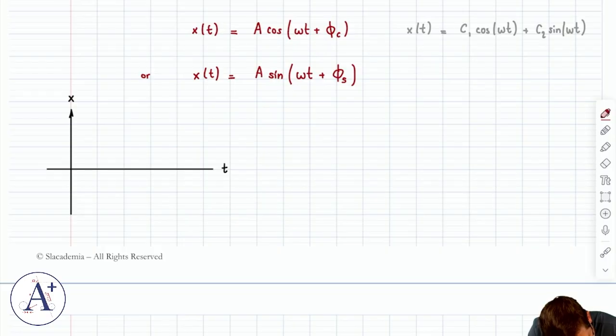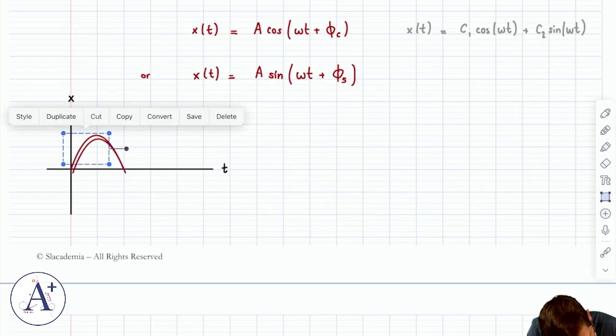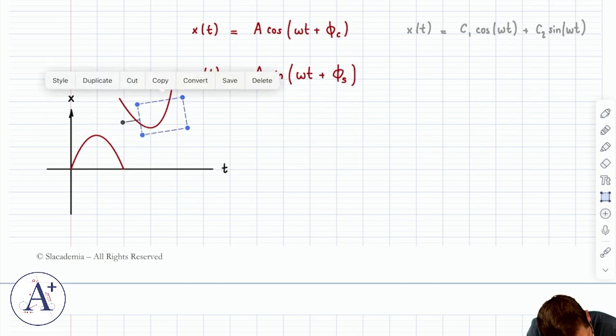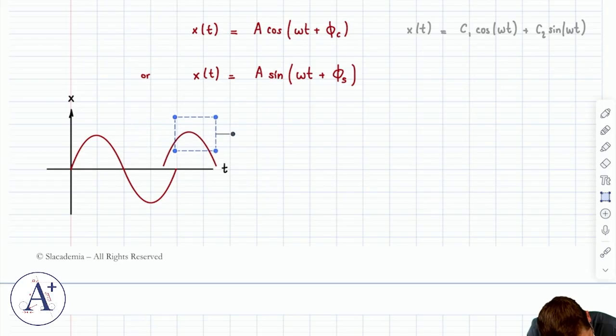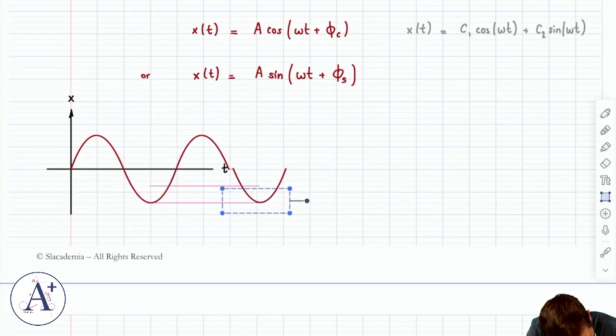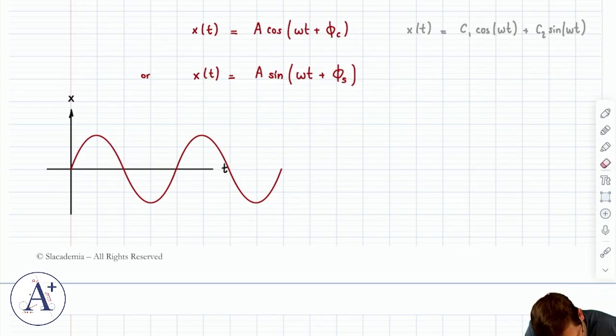Okay, so this thing is going to look like a sine or a cosine. So let me just graph something that's somewhat realistic here. All right, so it's going to look something like this. Maybe let's add one more just for good measure.